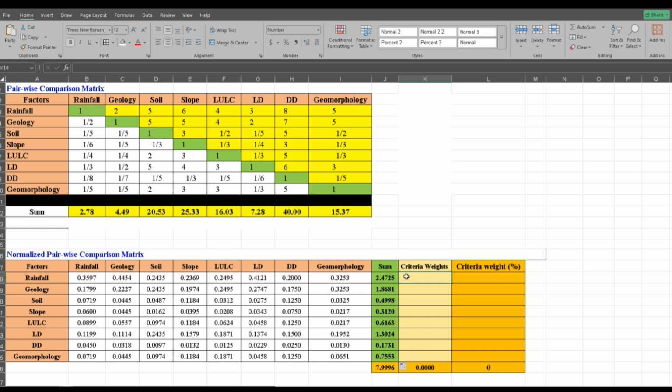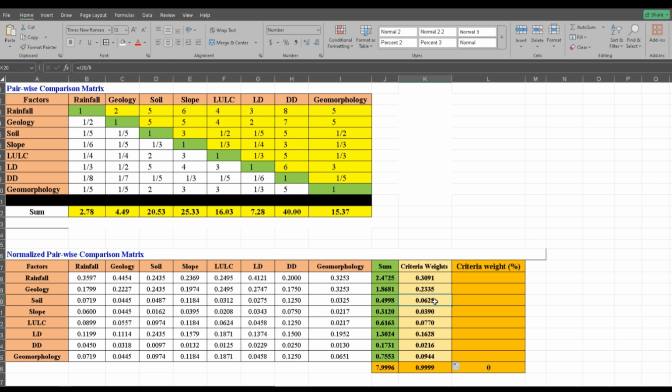Criteria weight is equal to the sum of the row divided by the number of elements, or 8 factors, which is equal to 0.3091. The criteria weight for geology is equal to the sum of the geology row divided by the number of criteria, which is equal to 0.235. Now, for the rest of the criteria, you can calculate the criteria weight.